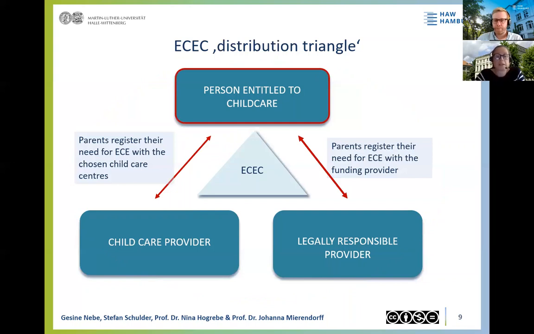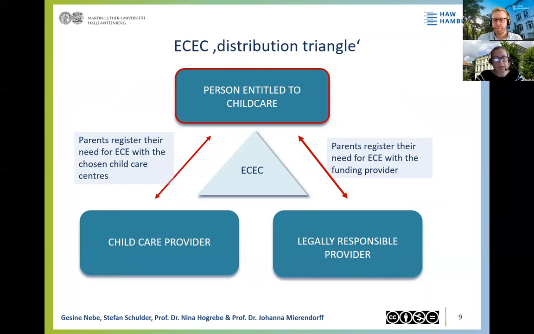The question is, what does each actor in this triangle actually do or have to do? Let us first take a look at the child. Its legal representatives have to register their need for ECEC with the chosen daycare institution or person. This could be only one, but mostly parents register their child in a few daycare centers or with a few daycare persons.